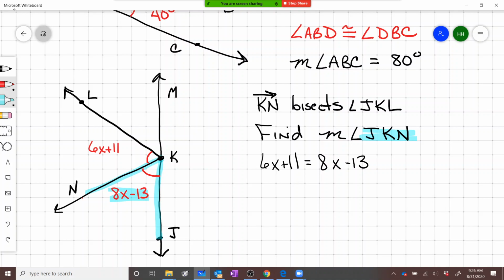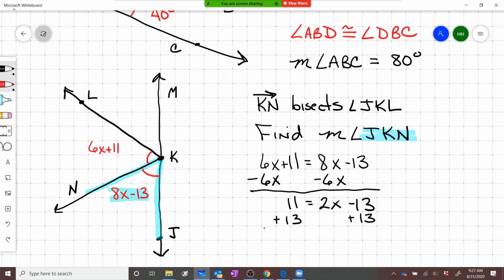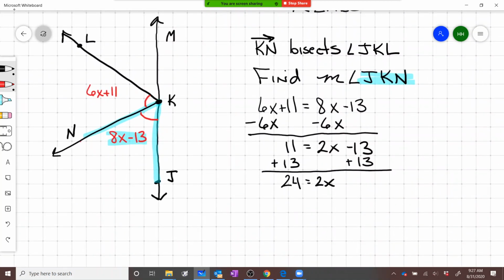We're going to use the fact that these two angles are congruent. Subtract 6x from each side: 11 is equal to 2x minus 13. Add 13: 24 is equal to 2x. Divide by 2: 12 is equal to x. Your x in this equation is equal to 12.